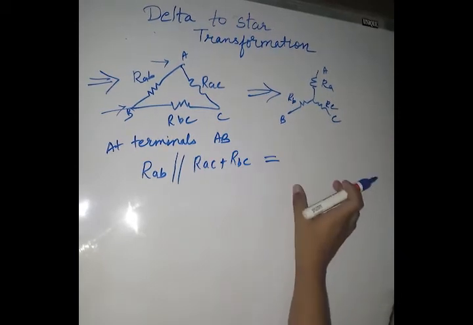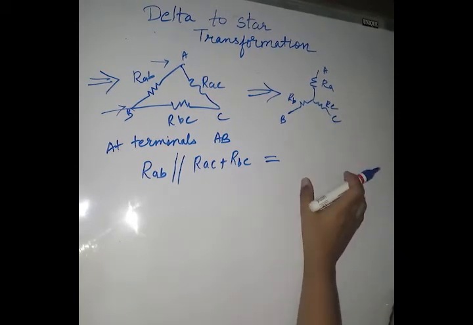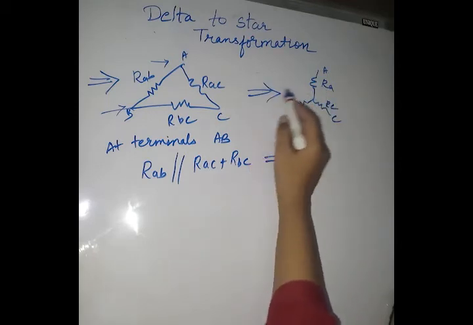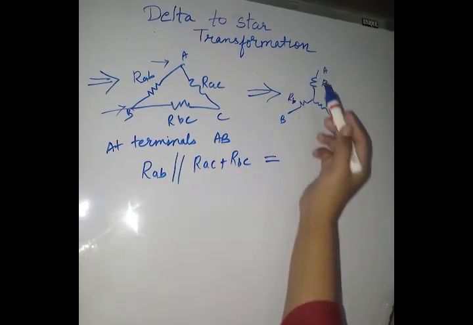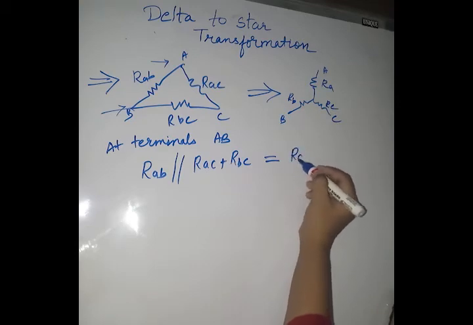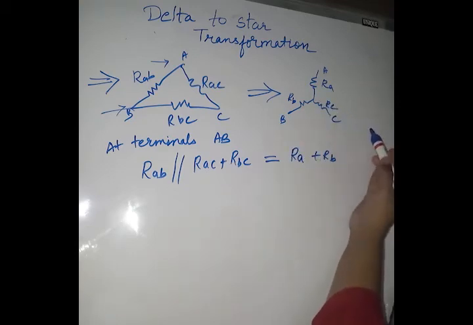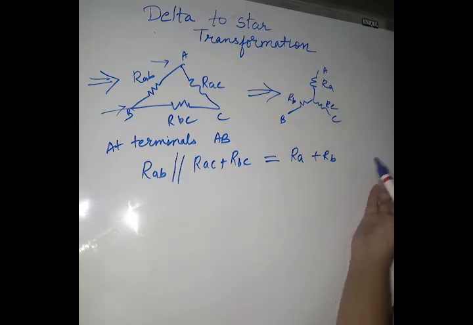We are in conversion of star, so at star connection also we need to see from AB terminals, so this is RA, this is RB, so RA plus RB, again this C terminal is open circuitry, so it will not come into picture.